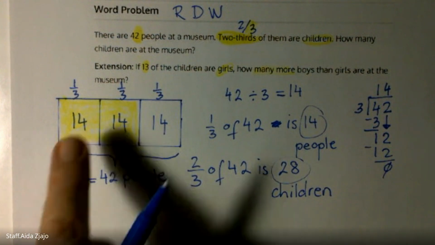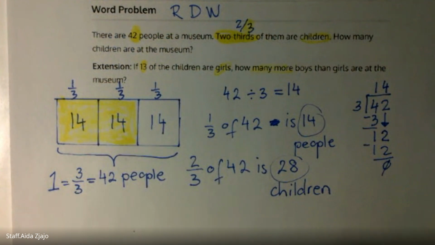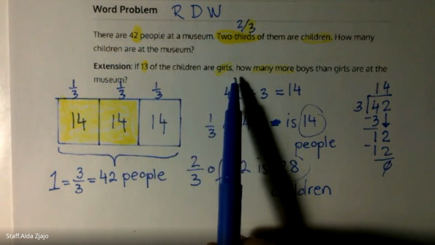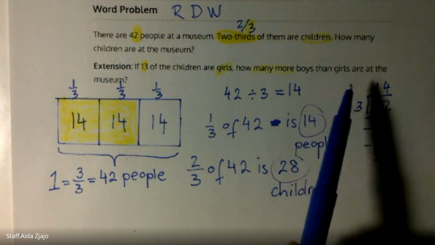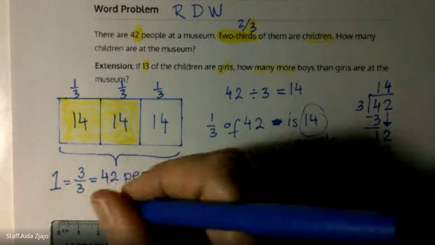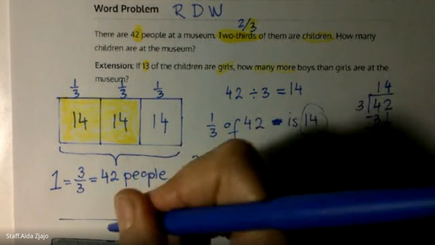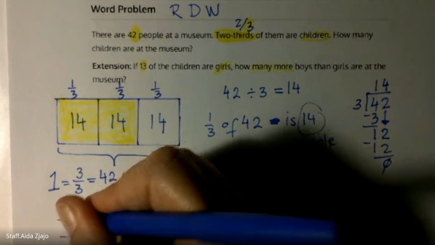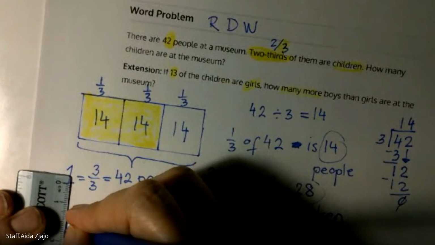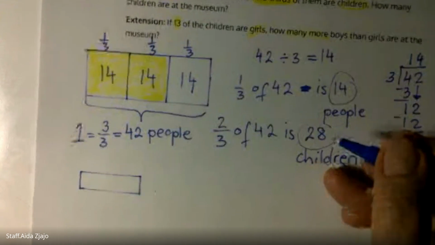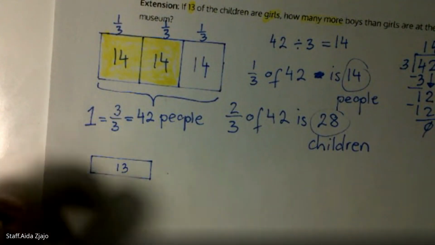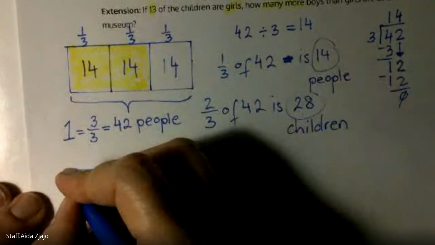Now, another extension question is if 13 of the children are girls, how many more are boys? So let's see, we take a tape diagram and say, okay, this is a group of 13 girls out of 28 kids.